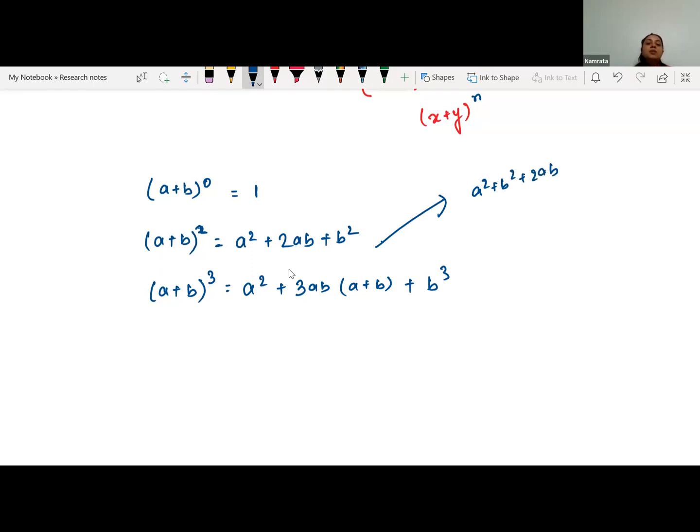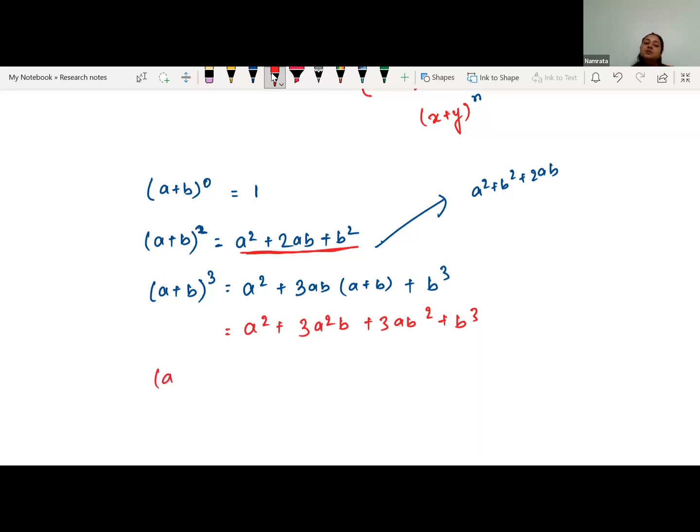Both are the same thing, but if you recall how it used to be written in the book, it was in this form: twice ab in the middle, and here thrice ab in the middle. So a cube plus 3a square b plus 3ab square plus b cube. This is the expansion of a plus b whole cube.